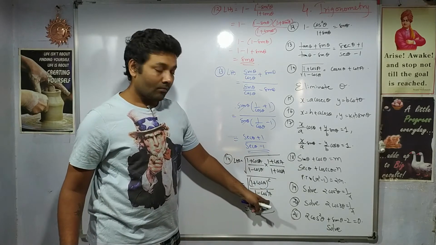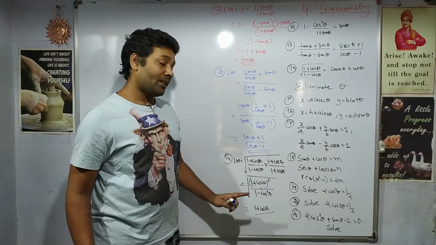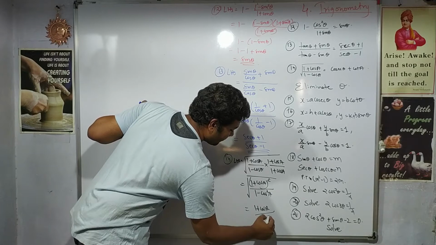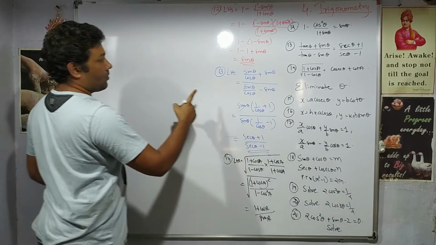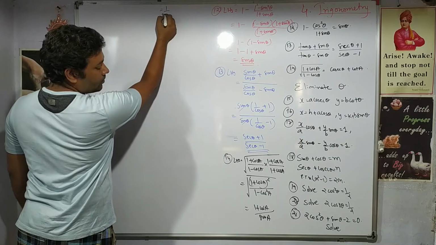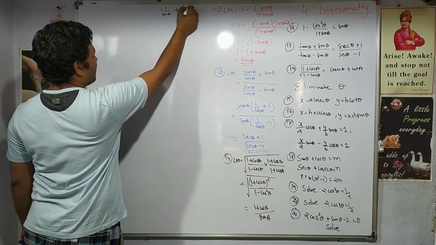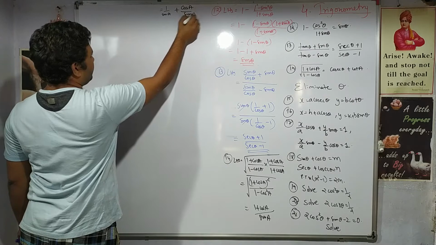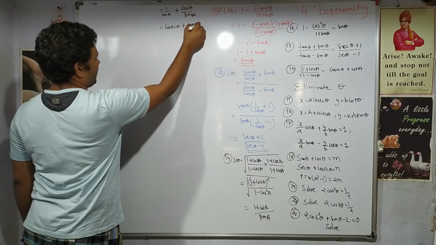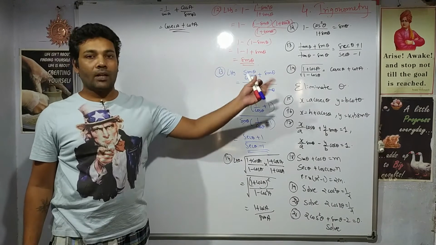Square relation, 1 minus cos square a is sin square a. Square and root will again get cancelled, so sin a. Now if we divide individually, 1 upon sin a plus cos a upon sin a. So cosec a plus cot a. Yes, we have the answer.